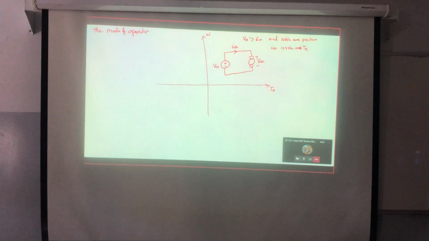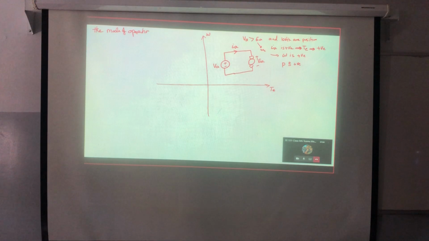So simply, this means that the torque is positive. And because the back EMF is positive, and I'm fixing the flux, then this means that omega is positive, correct? So the power is positive or negative? Positive.